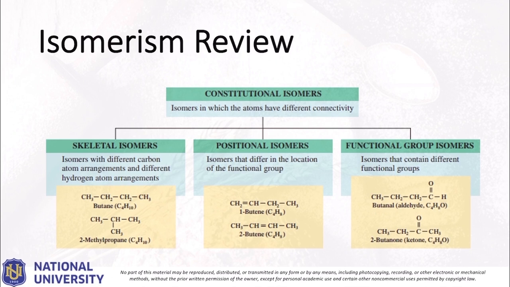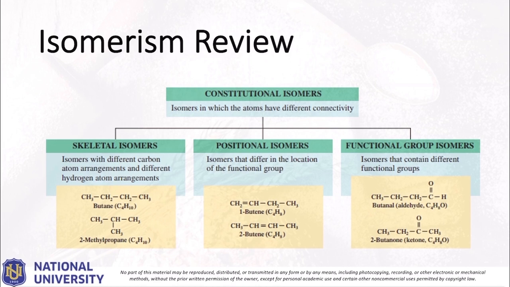Next, isomerism review. When we say isomer or isomerism, again, it means the same molecular formula. Since carbohydrates usually have the same molecular formula, they only differ in structure, in the arrangement. So, when we say isomerism, it refers to two or more compounds with the same formula but a different arrangement of atoms in the molecule and different properties.